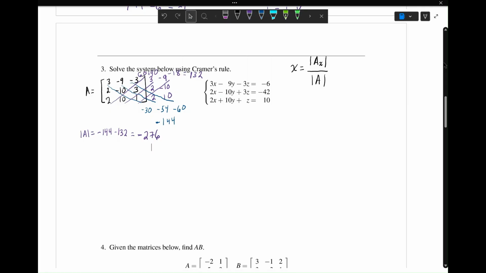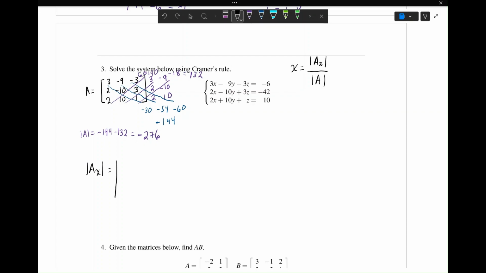All right, now let's find the determinant of Ax. Now remember, Ax is the matrix where we replace the x column with the output column. So the negative 6, negative 42, and 10. And then all the other columns stay the same. Negative 9, negative 10, and 10.